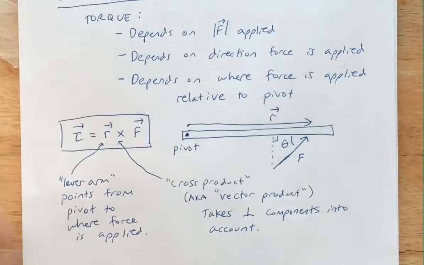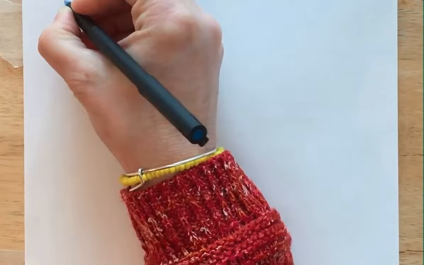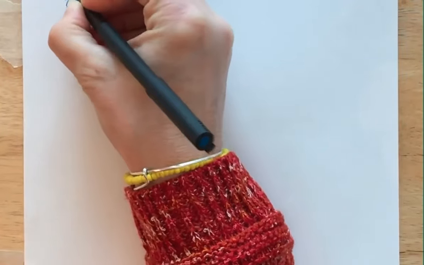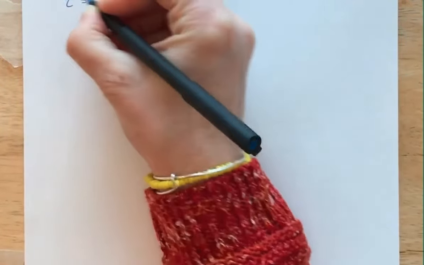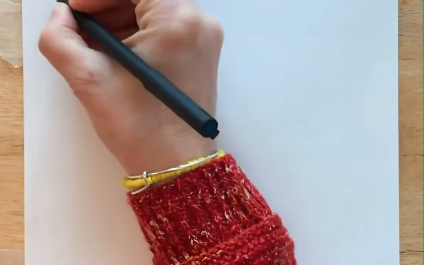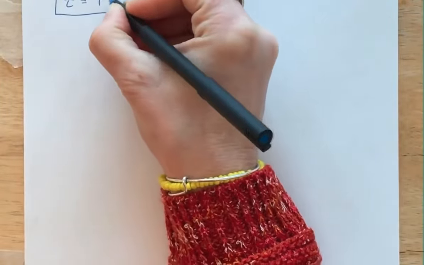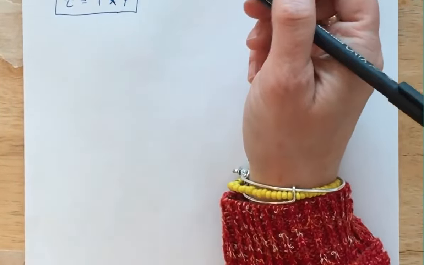So let's look at this equation in a little bit more detail. We can write it again: our torque vector is equal to the vector R cross the vector F, using the cross product.